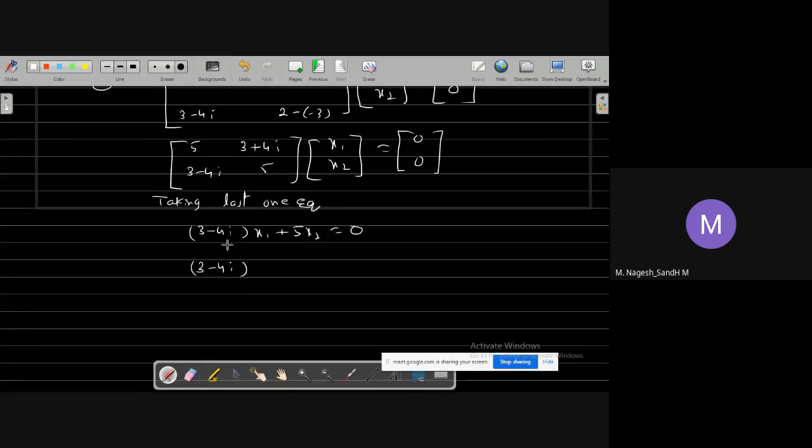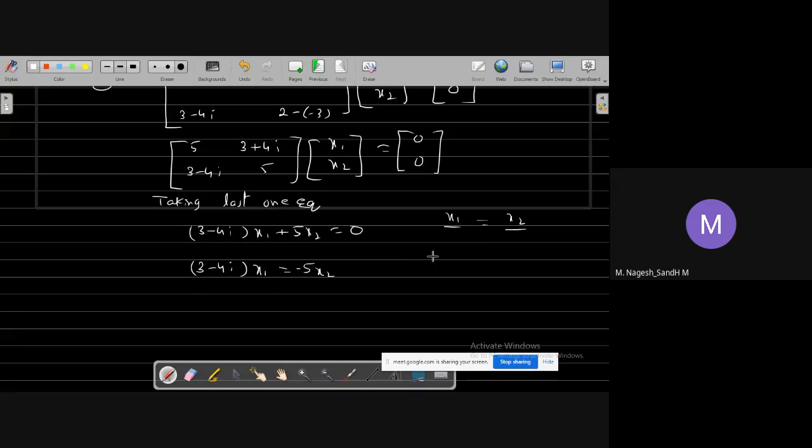So now what is that? 3 minus 4i into x1 plus 5x2 equal to 0. How to solve this, listen here. 3 minus 4i into x1 is equal to minus 5x2. Take the right side, and write it in the format x1 by, next x2 by.